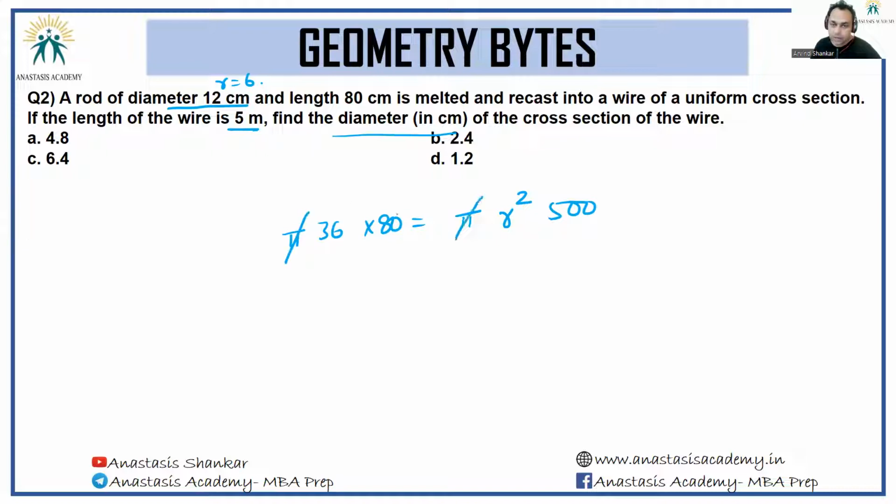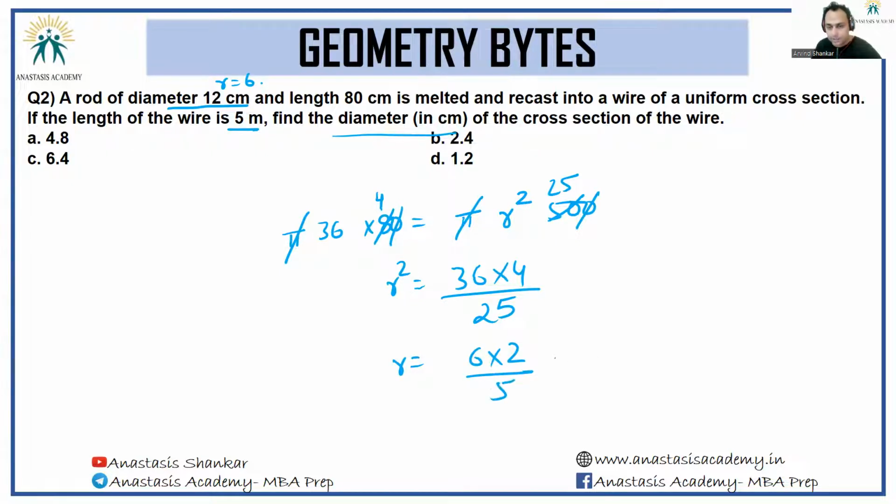So pi and pi gone, 80 and 500 reduce to 4 and 25. So R square turns to 36 into 4 by 25, or R will turn to 6 into 2 by 5, which is equal to 2.4. But again, the question is not asking me for R, the question is asking me for diameter. So make sure you end up marking option A as the answer, not B.